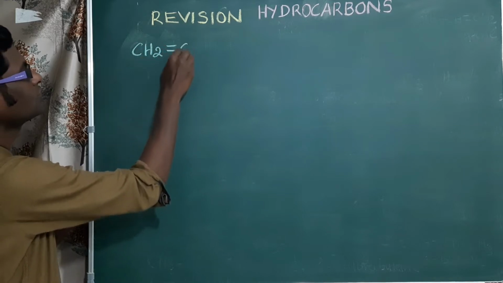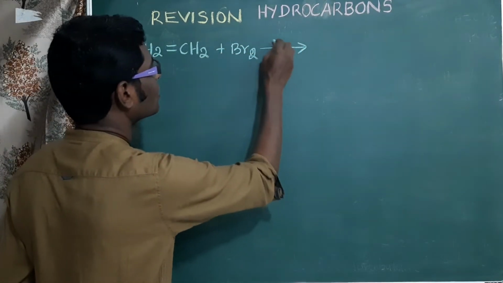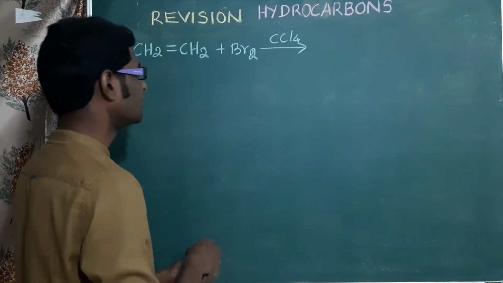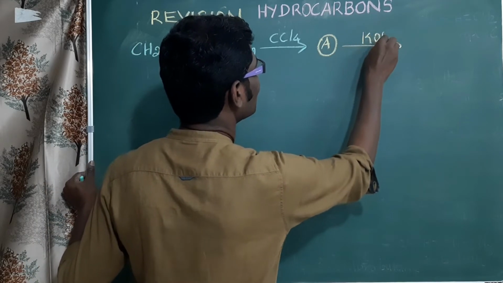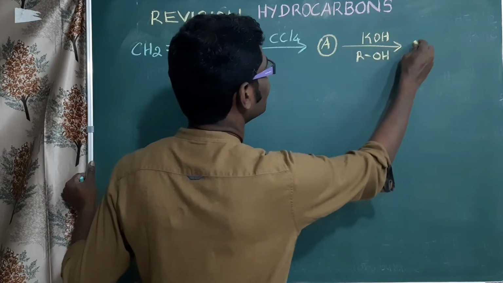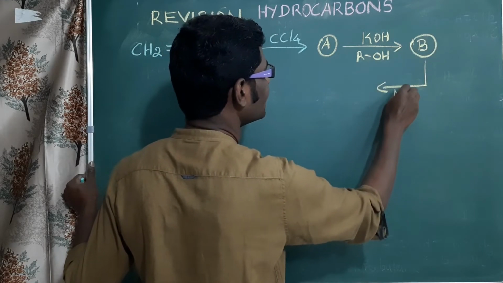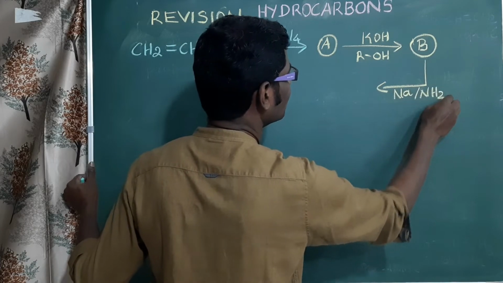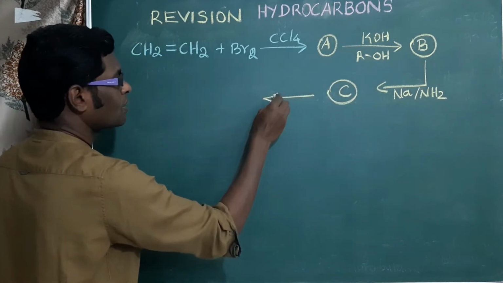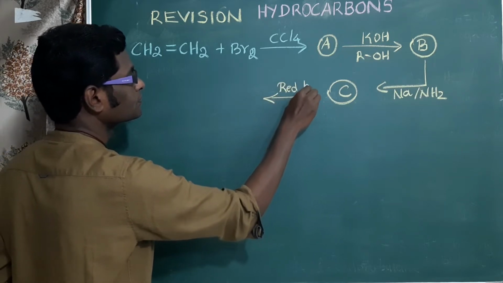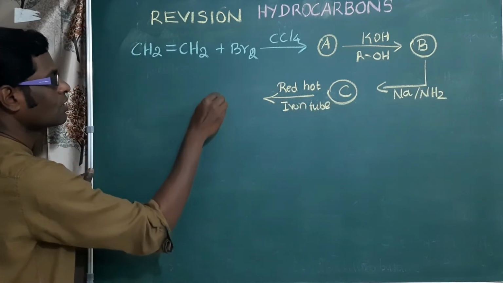CH2 double bond CH2 treated with bromine in the presence of carbon tetrachloride, we will get compound A. When compound A is treated with alcoholic potassium hydroxide, we will get compound B. When compound B is treated with soda amide, NaNH2, we will get compound C. Compound C is passed over a red hot iron tube. We will get compound D.